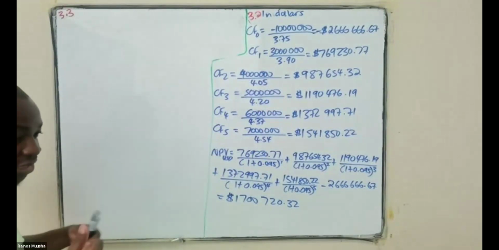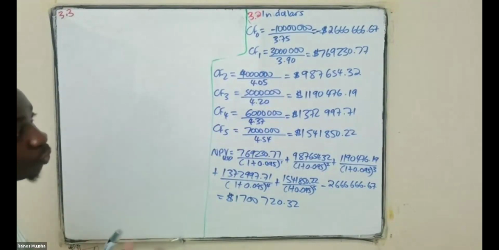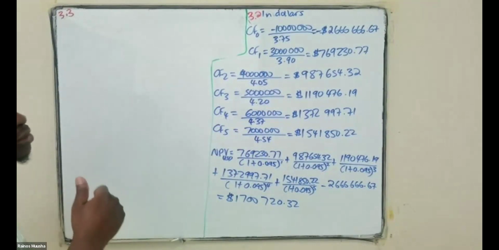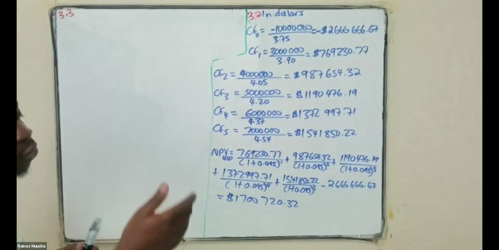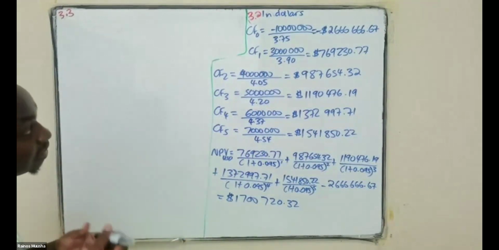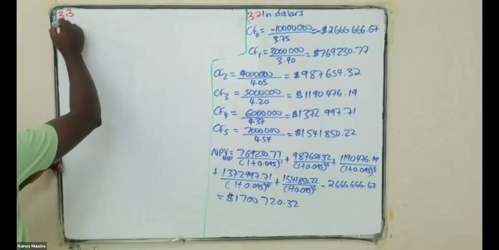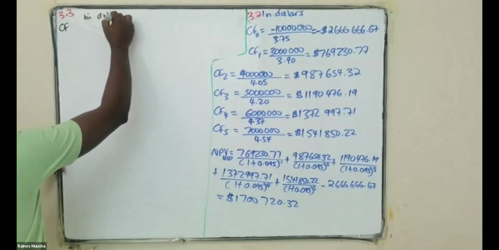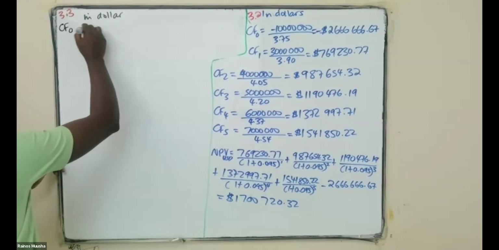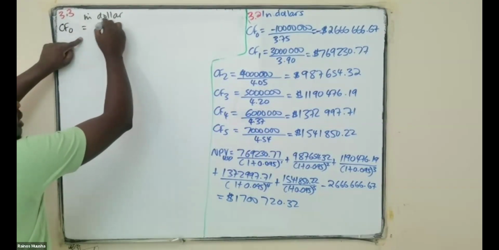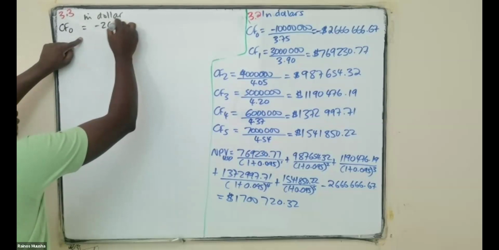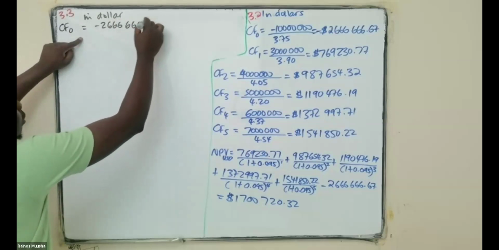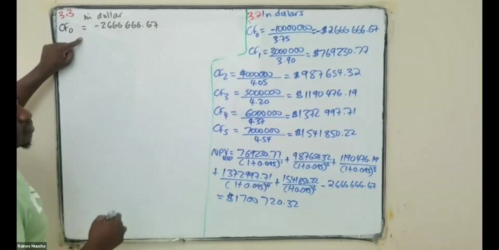But what we don't know is what the exchange rate is going to be after 1 year, after 2 years. But now they're telling us what the exchange rates are. So your cash flow in dollars in period 0 is not going to change. It's going to remain at minus 2,666,666.67.